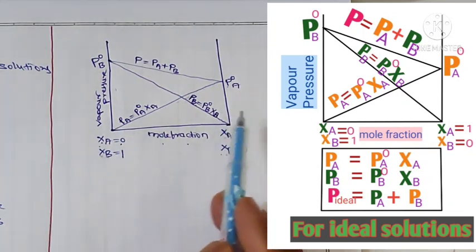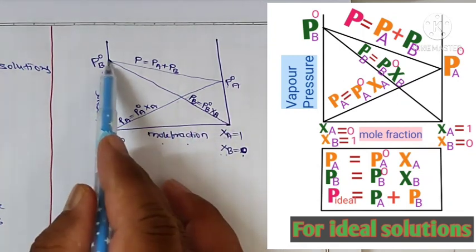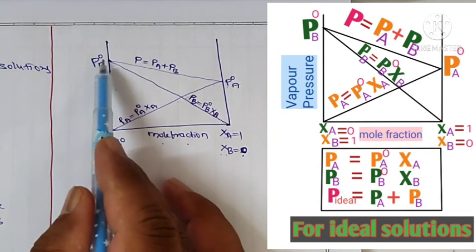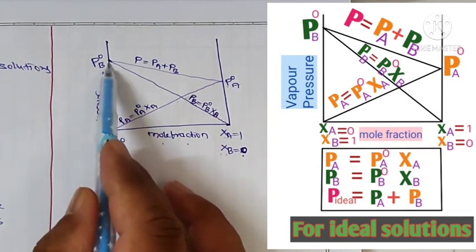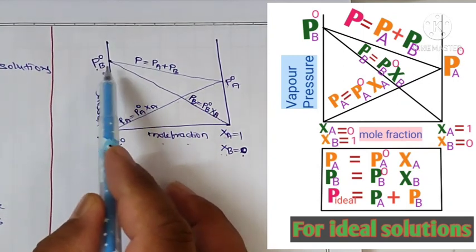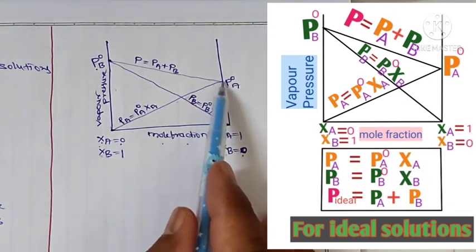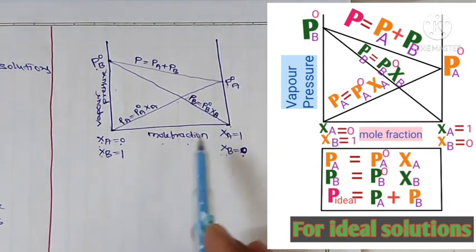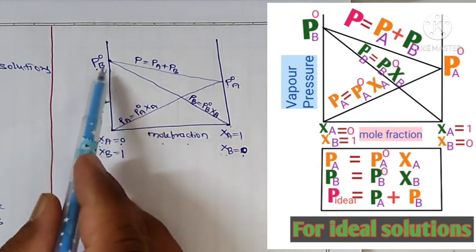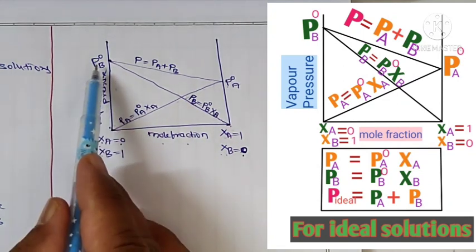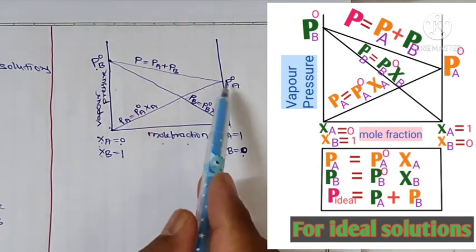Here we concluded that component B is highly volatile because the component B pure vapor pressure is more than the component A pure vapor pressure. Consequently, component B is more volatile than component A.